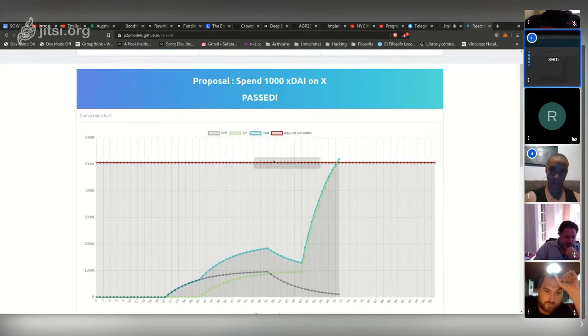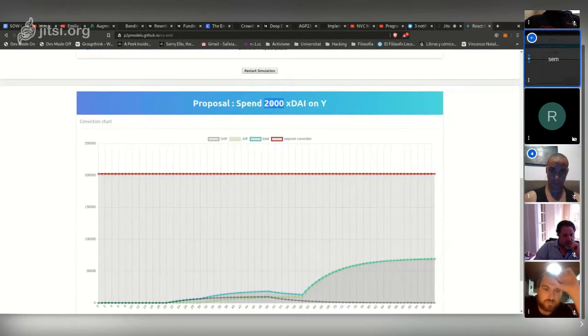Also, this threshold depends on how much you are asking for and how much there is in the community to spend on proposals. So in the case of a proposal of 1,000, the threshold is 50,000. But in the case of a 2,000 DAI proposal, it's a lot more, 200,000.